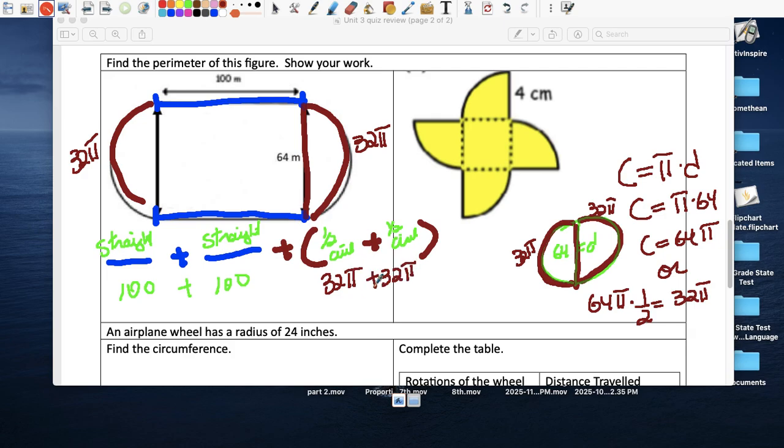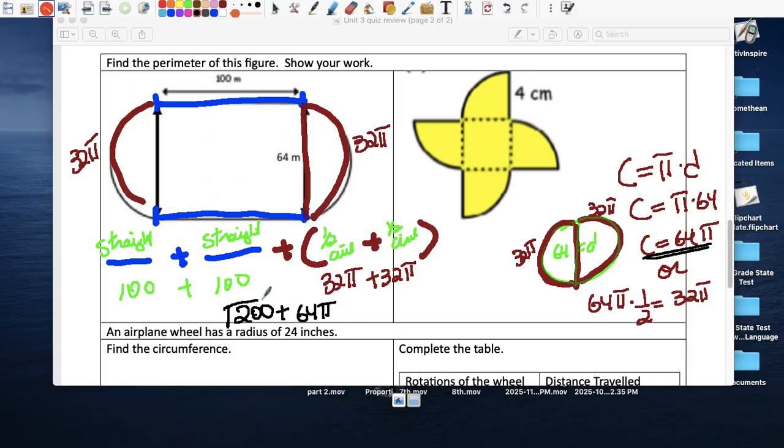If you wanted to write 64 pi right off the bat, even better. So let's add these together. 100 plus 100 is 200, plus 32 and 32 is 64 pi, right, which we found over here. The full circumference of this circle is 64 pi.